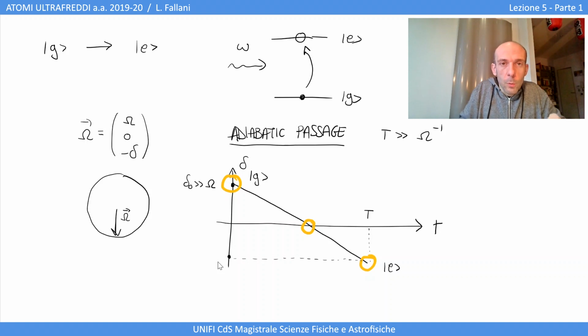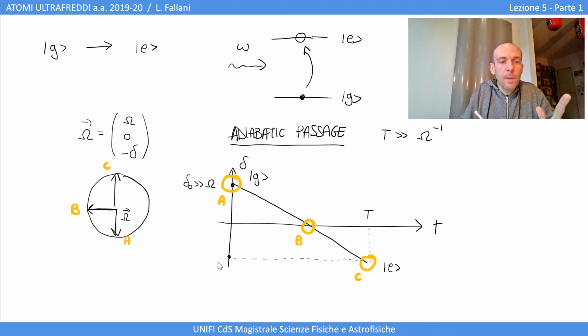Let's put some labels here: this is time A, this is time B, this is time C. At time A, this is the Rabi vector. At time B, the detuning is 0, so the Rabi vector will point along the equator of the Bloch sphere, while at point C, the Rabi vector will point at the north pole of the Bloch sphere.